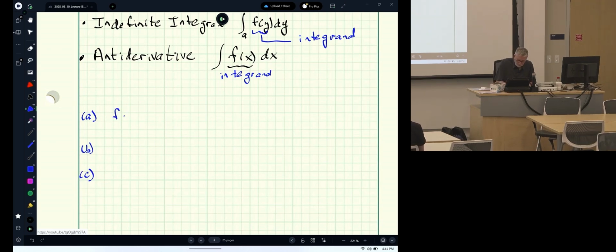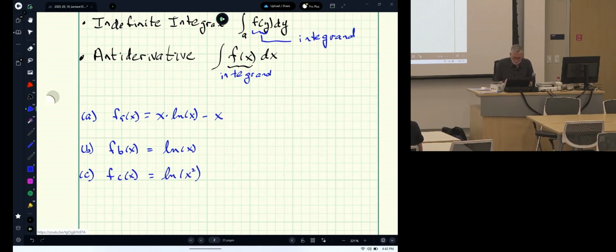So f sub a of x is equal to x times the natural logarithm of x minus x. f sub b of x is equal to the natural logarithm of x. f sub c, natural logarithm of x squared.